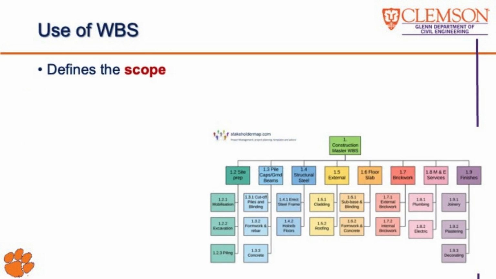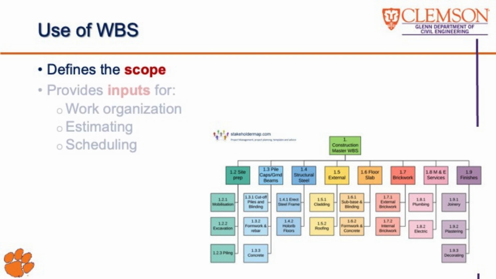Developing a WBS offers multiple benefits. First, it helps fully define the project scope by explicitly listing every required deliverable. Additionally, it serves as an input for many project planning activities, such as organizing work. This structure clarifies team members' specific roles and responsibilities within the project.